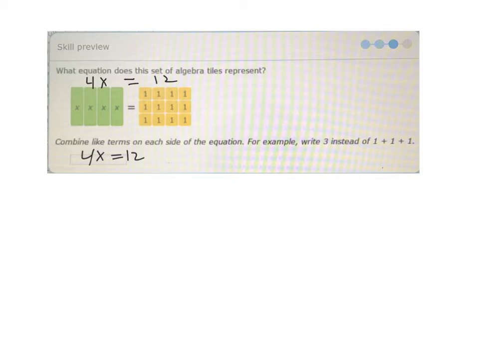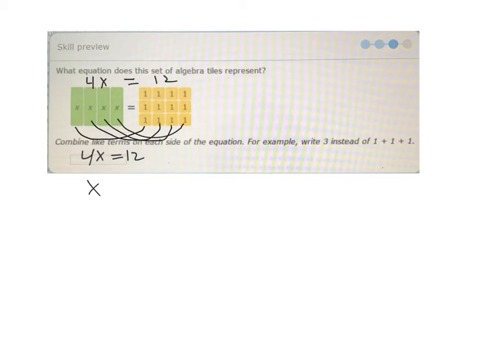In terms of solving this, I just want to read what it says underneath here. Combine like terms on each side of the equation. For example, write 3 instead of 1 plus 1 plus 1. So we've done that. 4x equals 12 tiles. I'm hoping you can recognize that if we have 4x, each of these x's must represent 3 tiles.